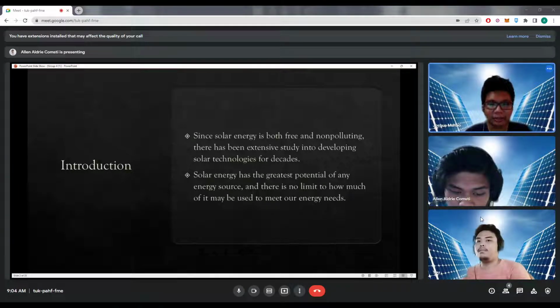In fact, the sun sends more energy to our planet in an hour than the entire world's population uses in a year. Solar photovoltaic or PV modules turn the sun's energy into electricity. Photo means light and voltaic means electricity.